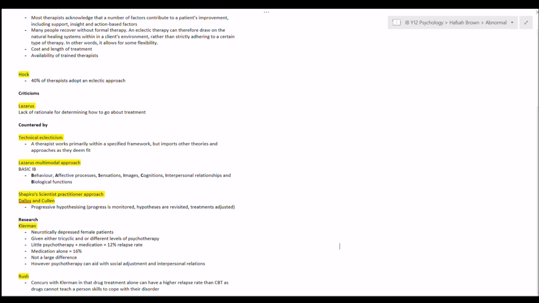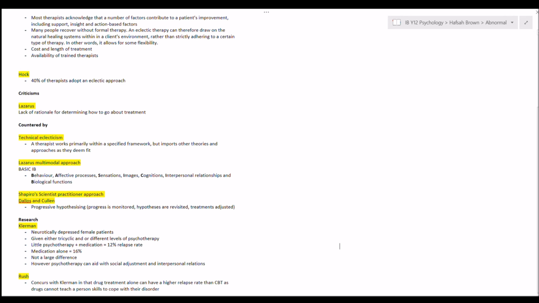Lastly, we're just going to look at 2 additional studies to incorporate into your extended response. And the first one is Klerman. So Klerman was looking at whether medication alone or medication combined with psychotherapy, as in cognitive or behavior-based therapy, is more effective at preventing relapse.